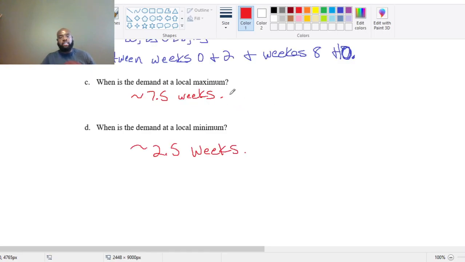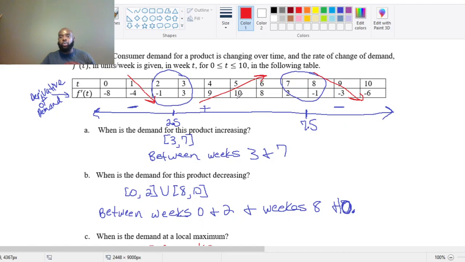And I'm going to say one additional thing. This is a closed interval. And so since this is a closed interval, we do have endpoints. And so we have a local max and a local min on these endpoints as well. I know I have an endpoint at 0 and I have an endpoint at 10.